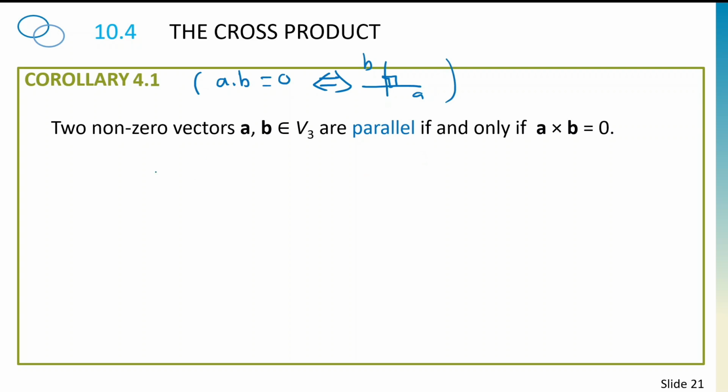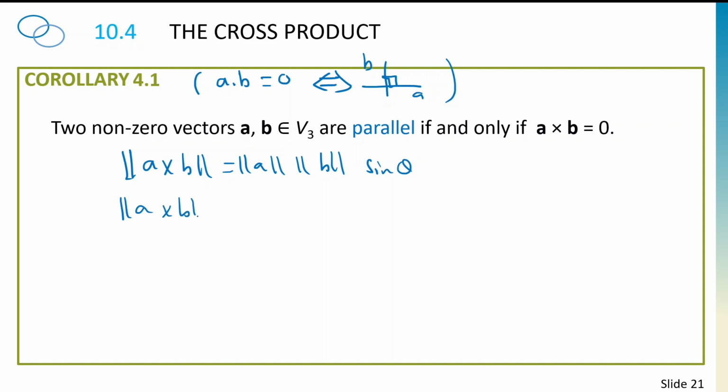Now with the cross product, it means that they are parallel to each other. Where did they get this idea? Same as before, just the same technique. If I have the magnitude of A cross B, it equals the magnitude of A, magnitude of B, sine of theta. If they are parallel to each other, we know that the angle in between is supposed to be 0.